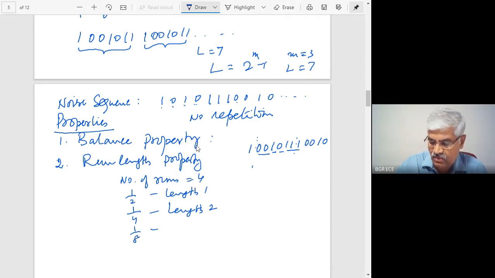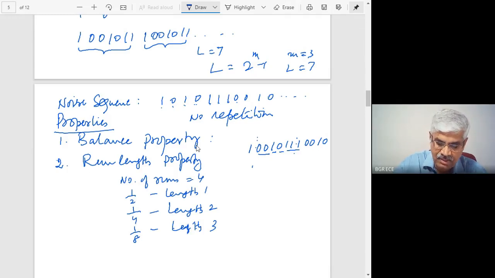If the code length is larger, then the number of runs will be more, so this will be relevant. Like that it goes: 1/8 will have length 3. In this case, 1/8 is not applicable. So this is how the run length property is described.